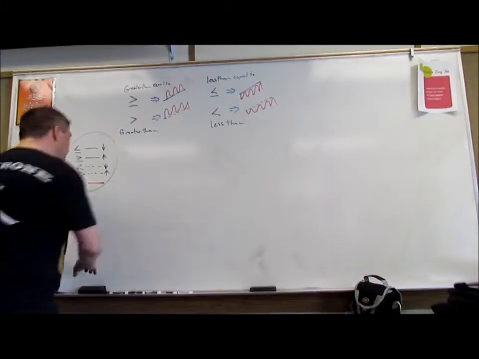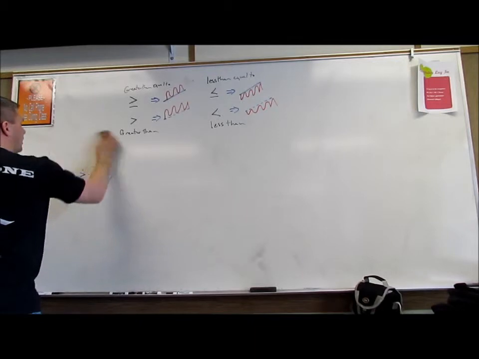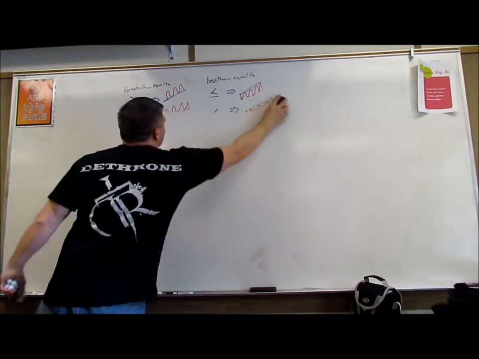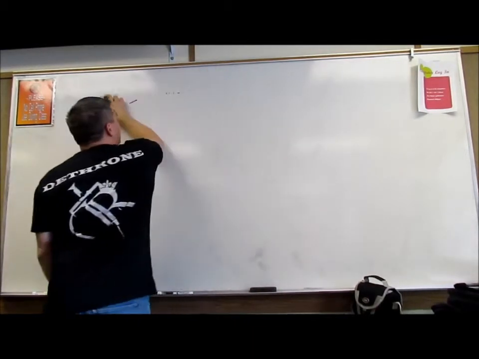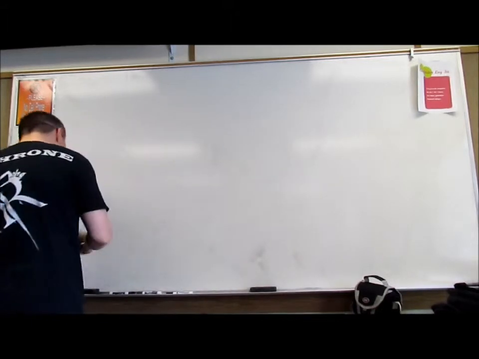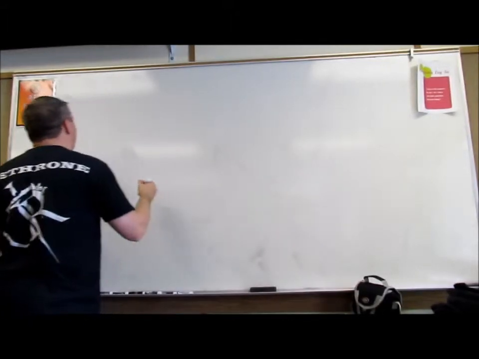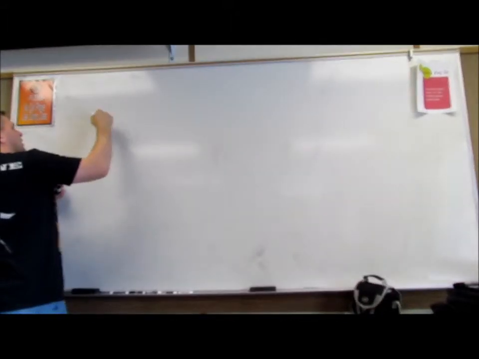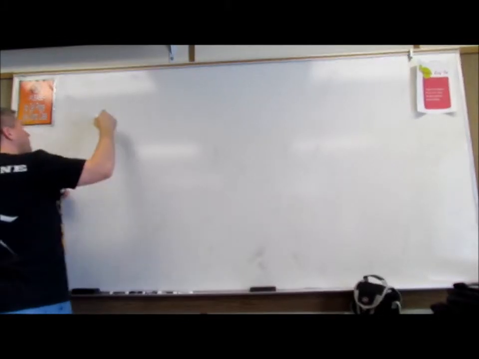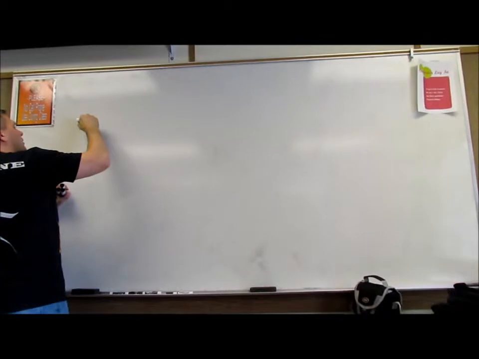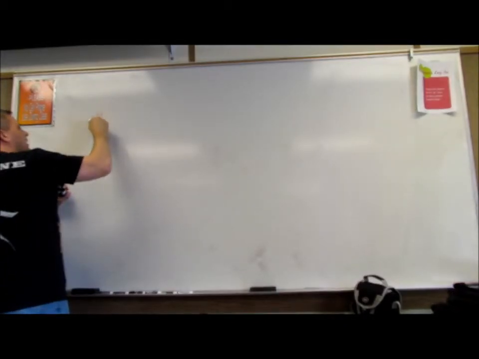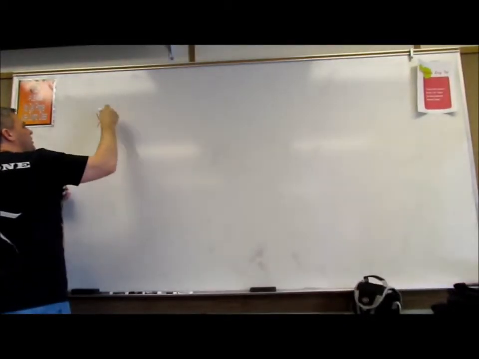Okay, so let's do one. So we'll do a couple. We'll do one over here in standard form. We'll do one easy one, and then we'll do a harder one.